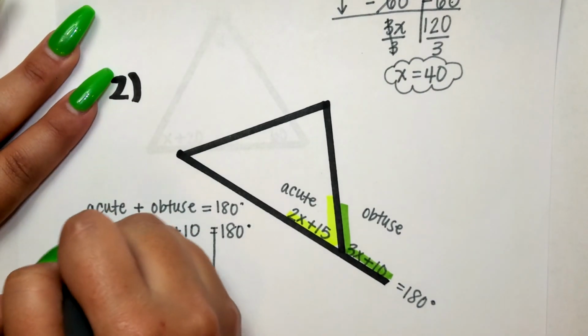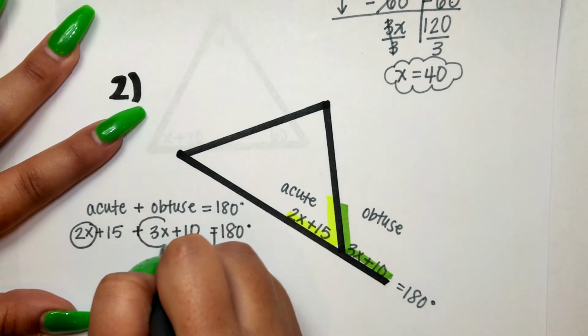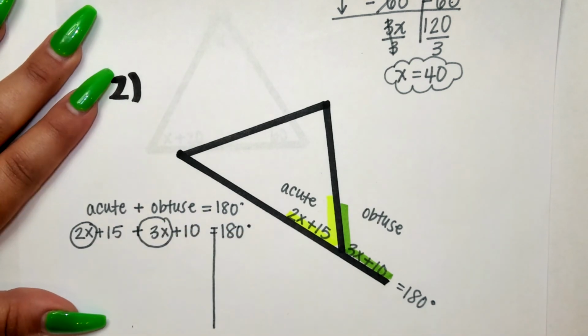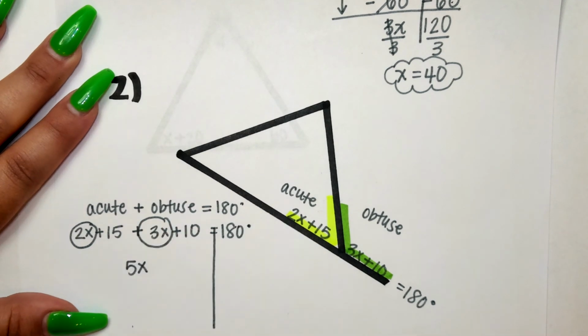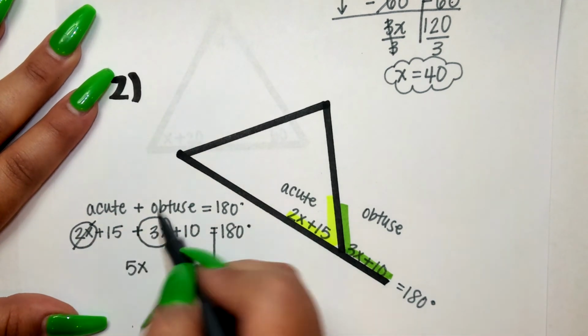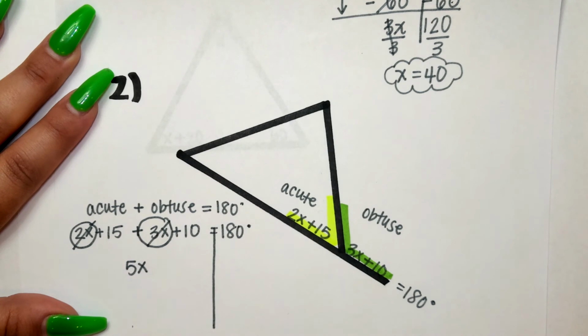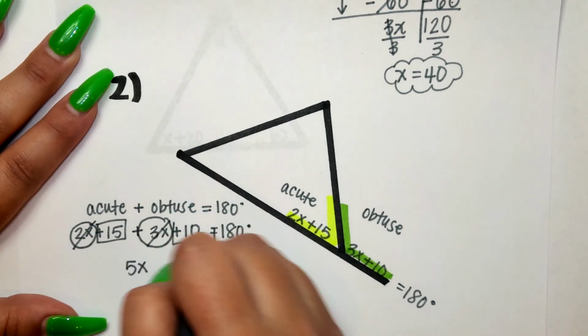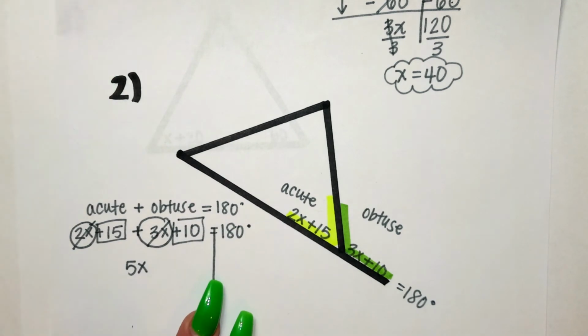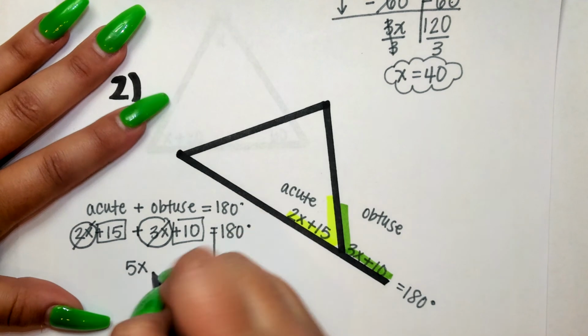So I have positive 2x and a positive 3x. So that's going to equal 5x. I can cross these off. And then I have a positive 15 and a positive 10, which will give me a positive 25.